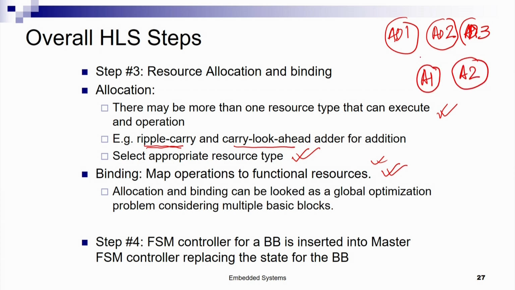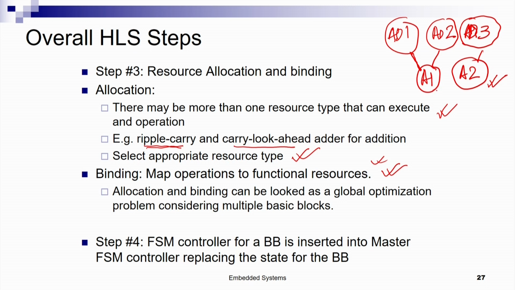So, binding would be something like this. We want AD1 and AD2 to be implemented on only A1, and let us say AD3 will be implemented using A2. So, it maps operations to the hardware resources. That we will use 2 ripple carry adders A1 and A2 was selected in the allocation phase, and this mapping of operations to the actual hardware units was done in the binding phase.